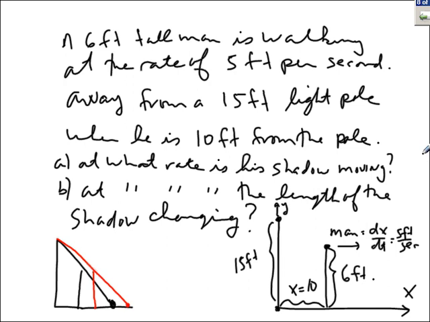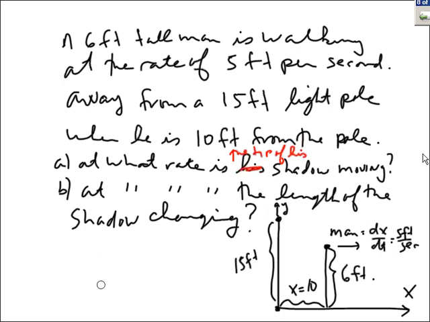And then sometime later, the man is, say, over here, and the tip of his shadow is here. So how fast is it moving? I guess we really should say, at what rate is the tip of his shadow moving? So this is a reasonable question to ask because we drew a picture and we understand it.